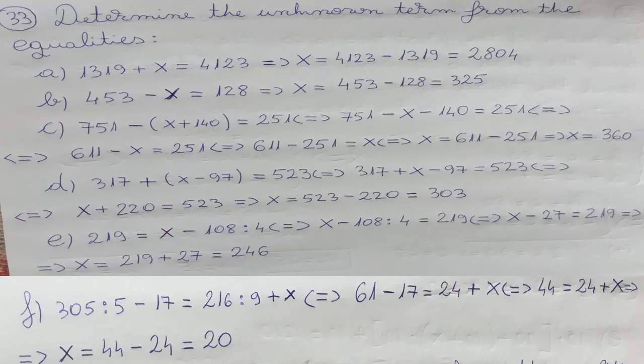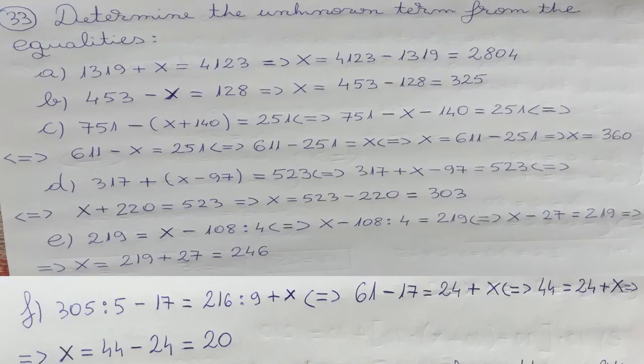Problem 33. Determine the unknown term from the equalities. A. 1319 plus x equals 4123.